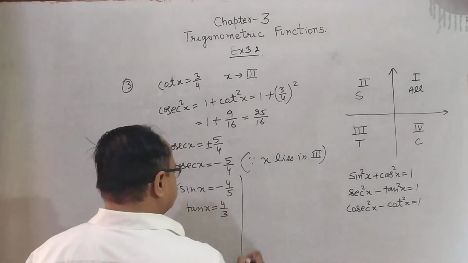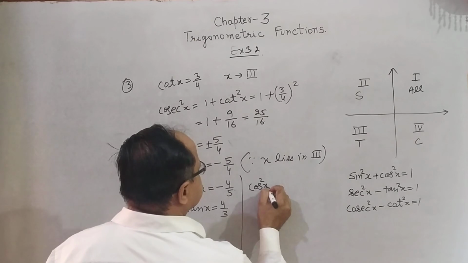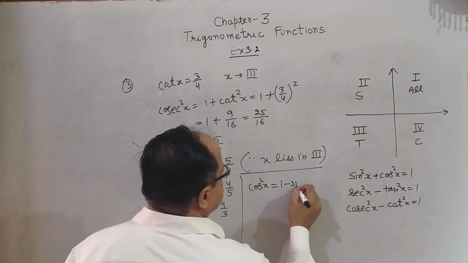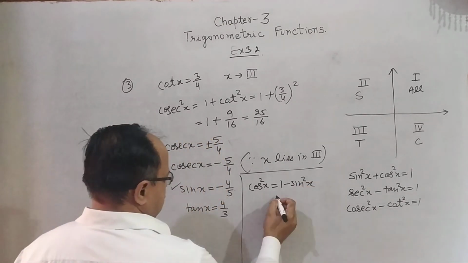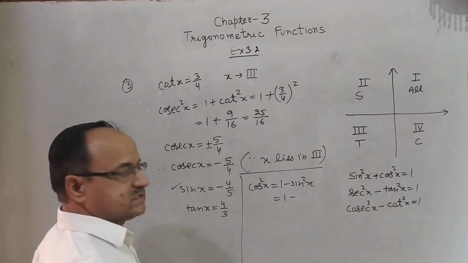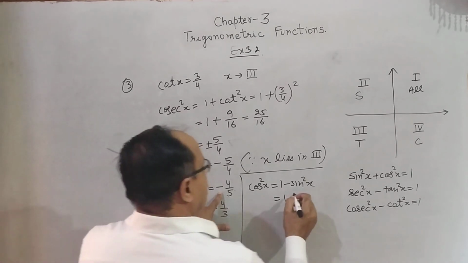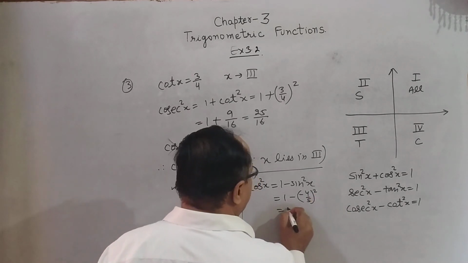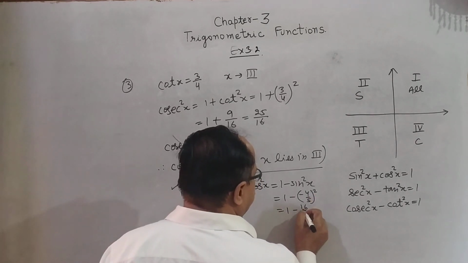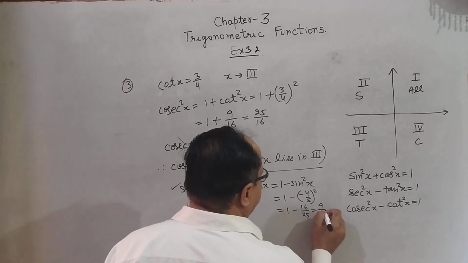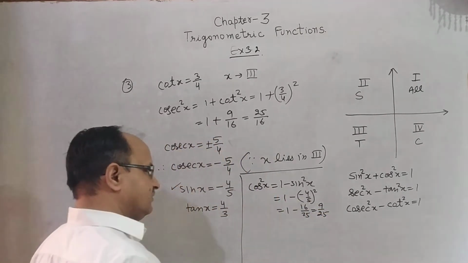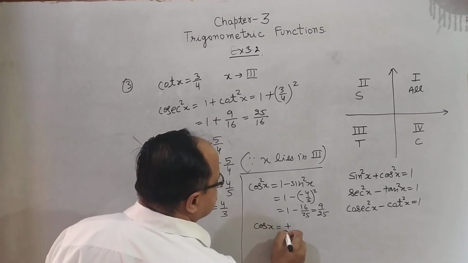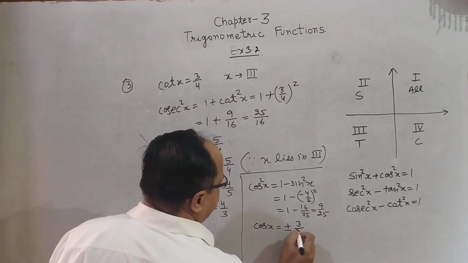You know very well, cos square x is equal to 1 minus sin square x. Put the value of sin x, minus 4 by 5 whole square: 1 minus 16 by 25, that is 9 by 25. It means cos x is equal to plus minus 3 by 5.